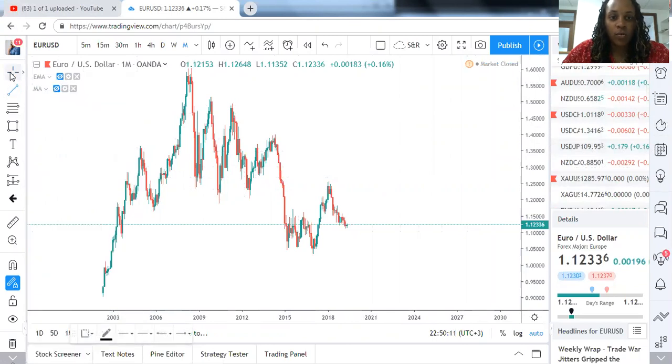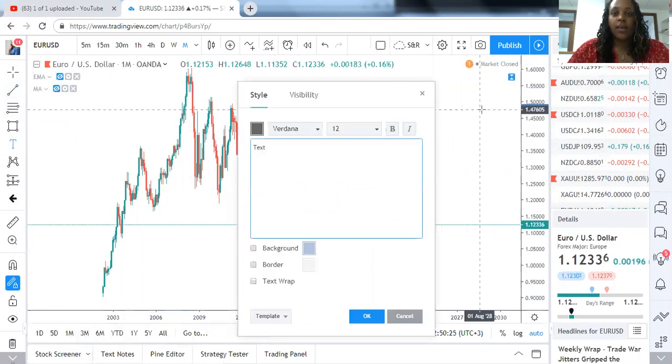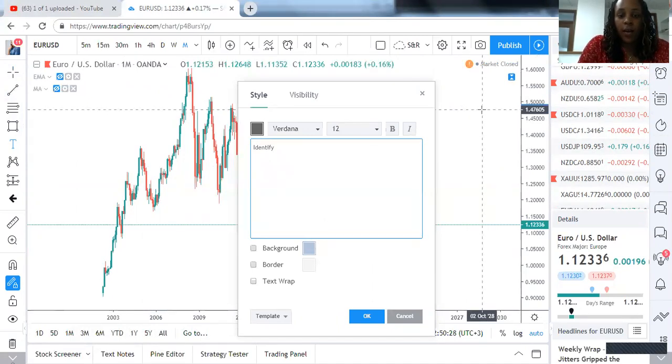So what I tend to do, I'm going to actually show you guys on EURUSD how I actually analyze the trades, starting from the monthly time frame, boxing in price. And what boxing in price does is that it allows me to identify the recent uptrend and downtrend of the pair, right?